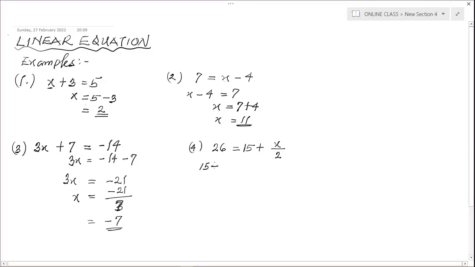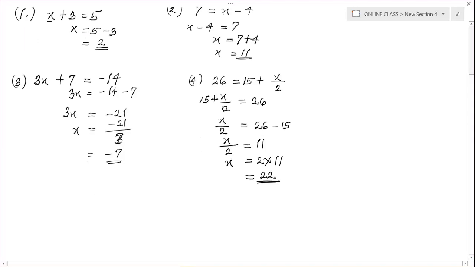Change the position. x should be at the left side. x over 2 equals 26 minus 15. x over 2 equals 11. x equals 2 times 11, which is equal to 22. I don't think there should be a problem with linear equation now.